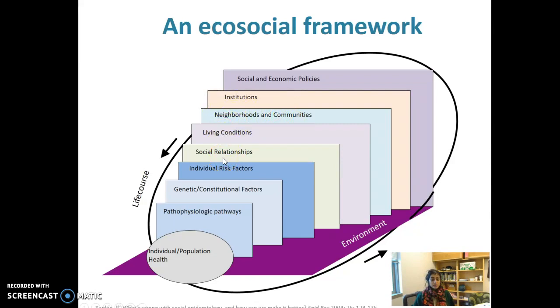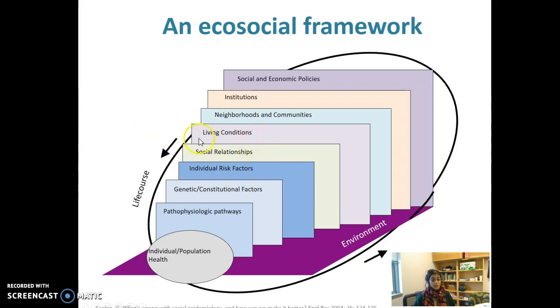Social relationships are an individual unit, but they're also, if we think of it in a sense of kinship, which is family, or at a cultural level, social relationships can also differ in a broader sense based on culture or values or isolation or geography.